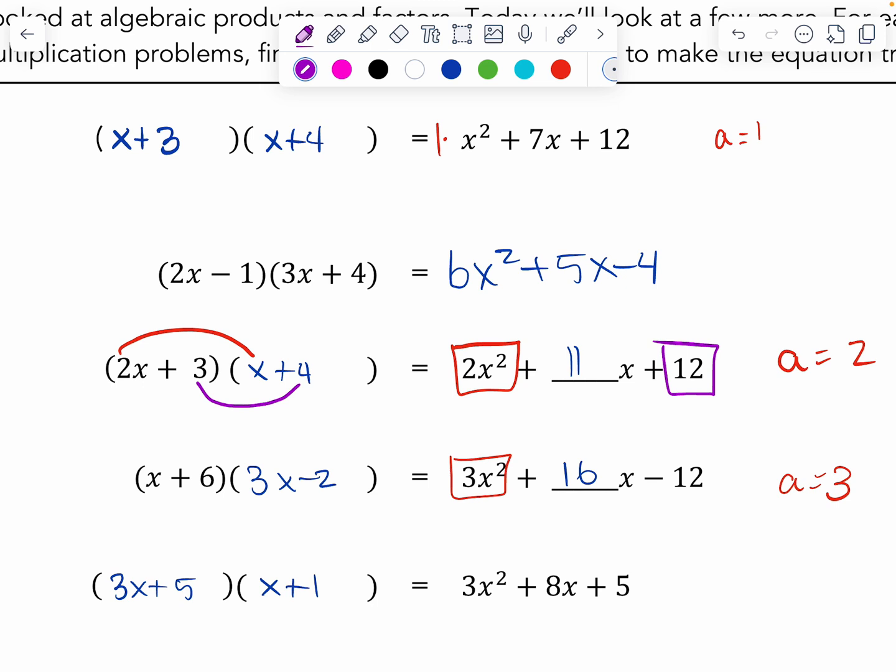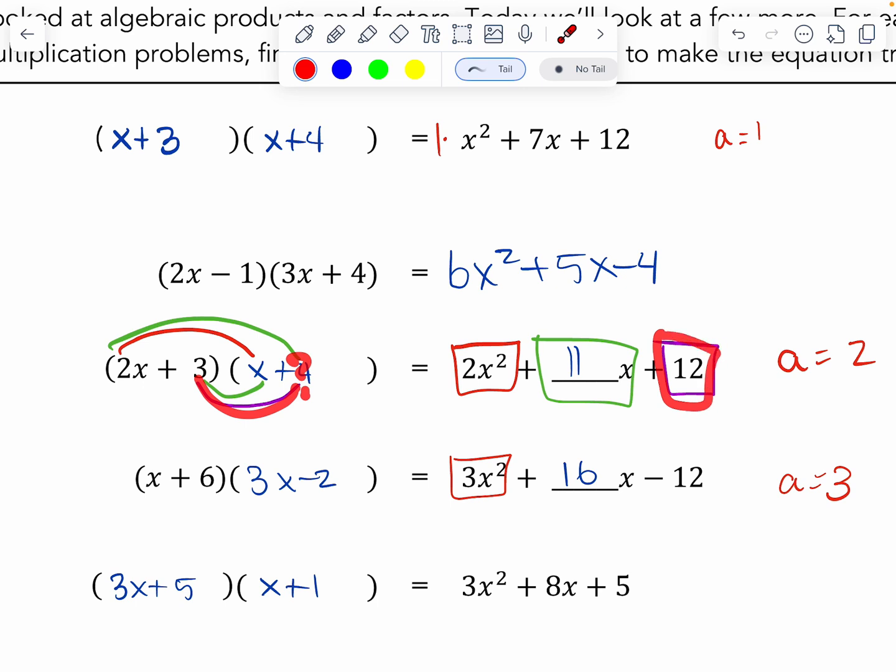And then that leaves you with your middle term, 11x. So the key thoughts are: 2x times what gets me 2x squared? 2x times what gets you x squared? And then 3 times what gets you 12? From there, you should be able to fill in the gaps to match up with 11x.